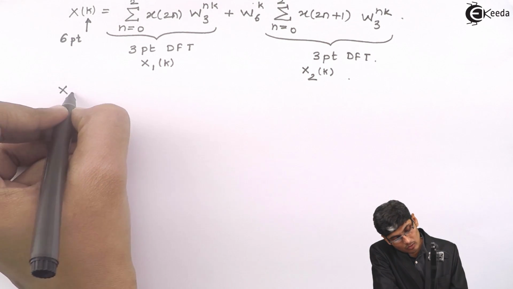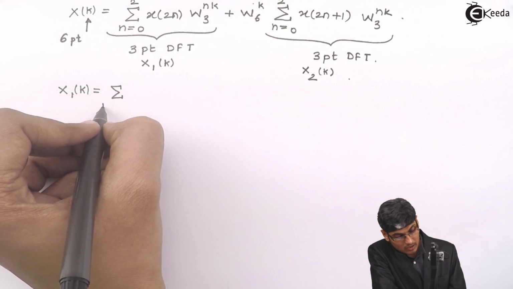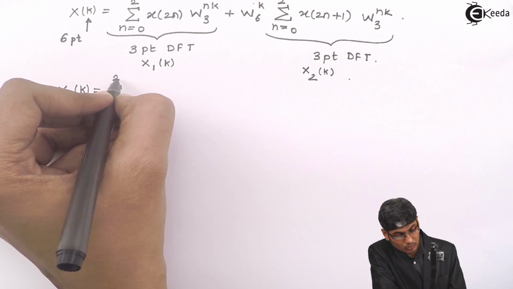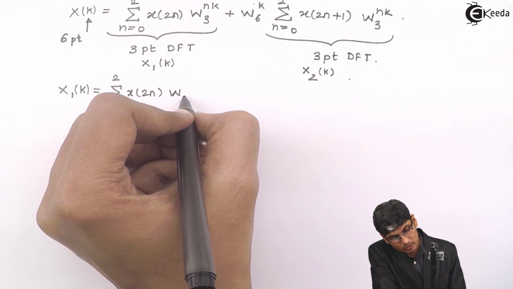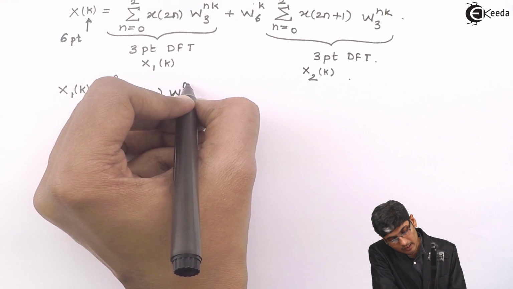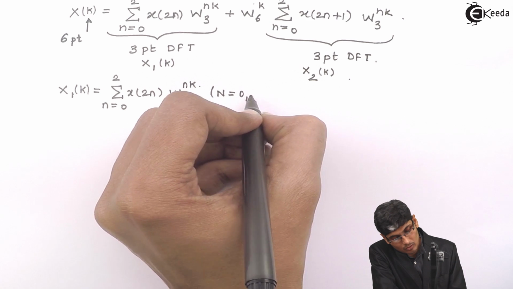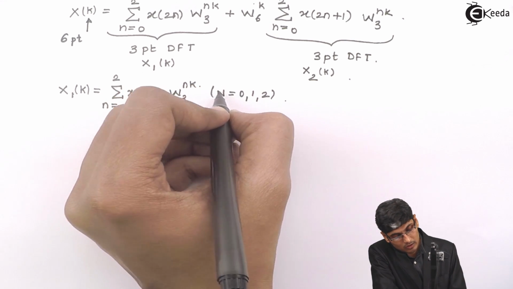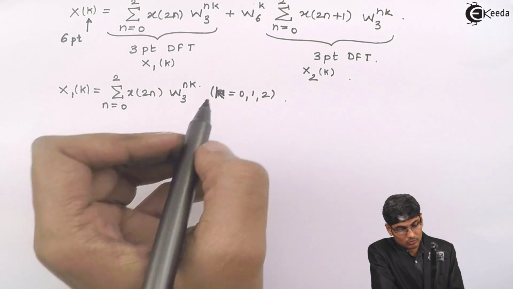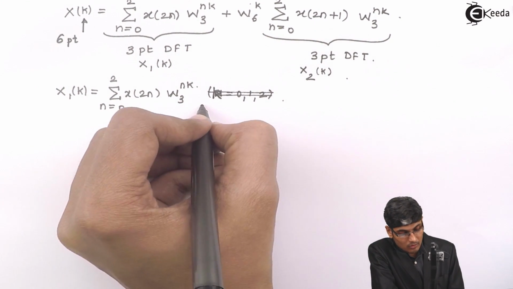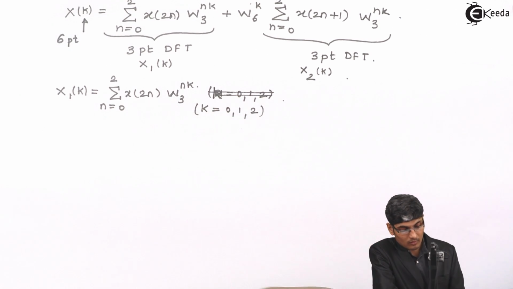So X1 of k is equal to summation n equal to 0 to 2 of x of 2n W3 raised to nk. Here the value of k will be going as 0, 1 and 2.